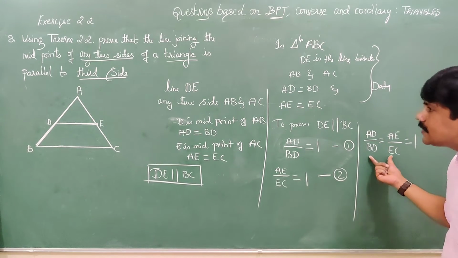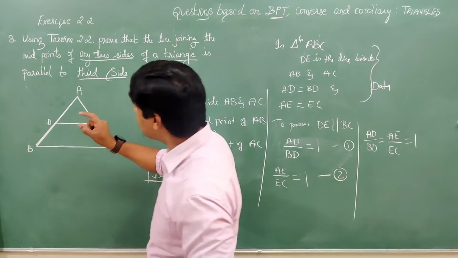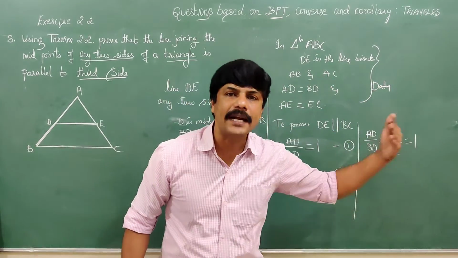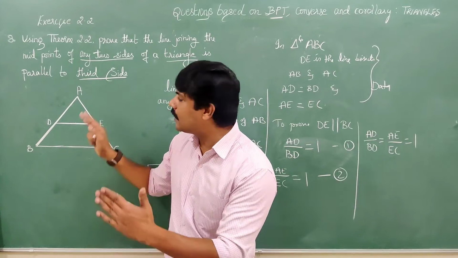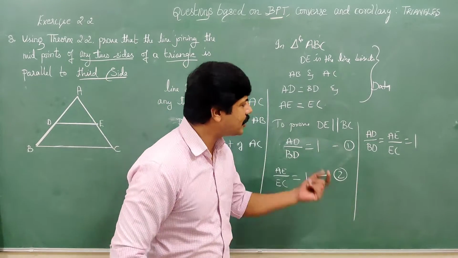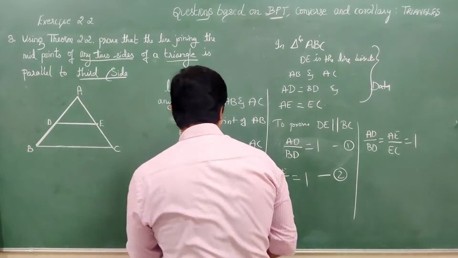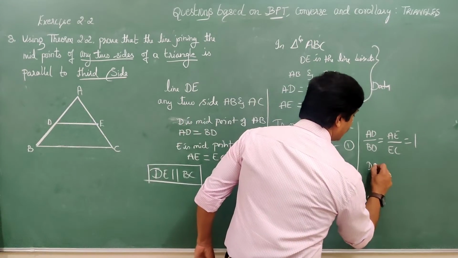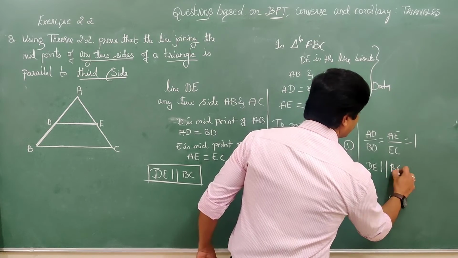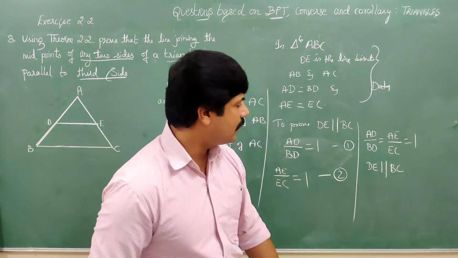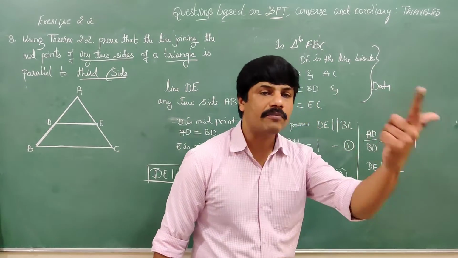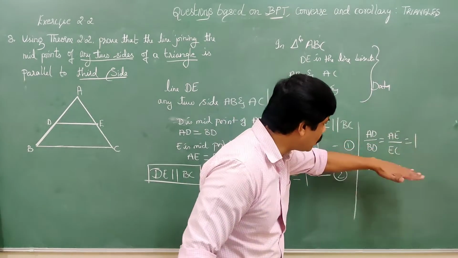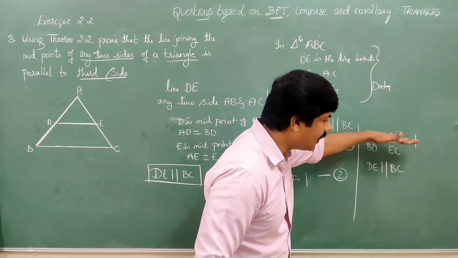Since we have AD by BD equal to AE by EC, you can apply the converse of BPT, which states that if a line divides two sides in the equal ratio, then automatically the line is parallel to the third side. DE is parallel to BC. How did we take DE parallel to BC? By the converse of BPT, because we have proved that AD by BD is equal to AE by EC.